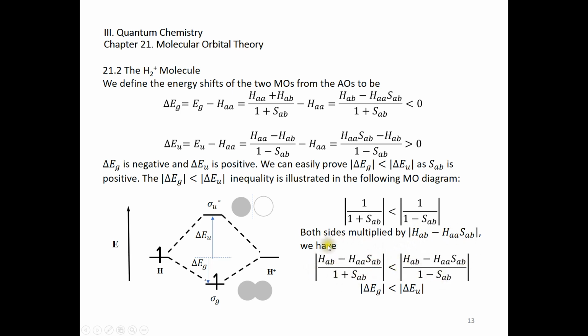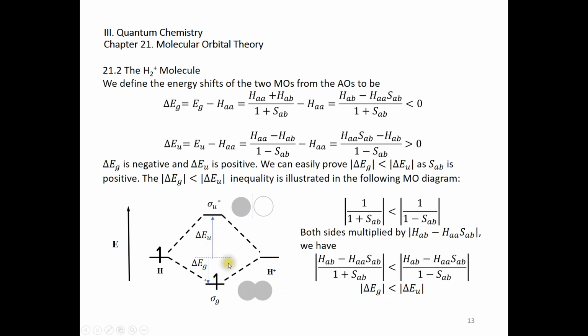You can see this is the magnitude of delta E sub G over here. And this expression is the magnitude of delta E sub U. So therefore we just proved that the magnitude of delta E sub G is less than delta E sub U. So this downshift is less than the upshift.